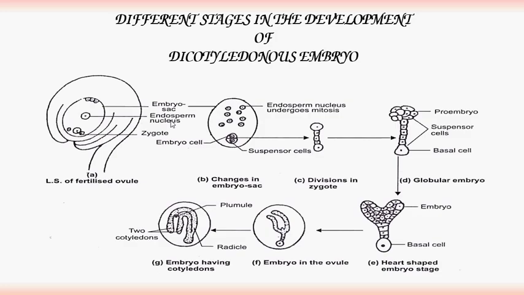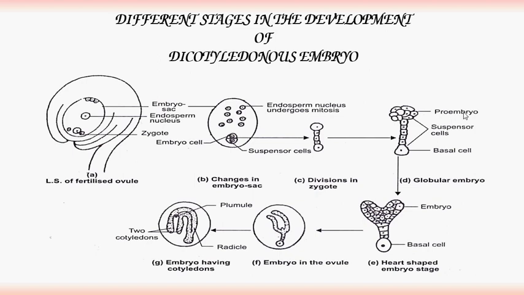So the different stages in the development of dicotyledonous embryo. Let's see that. The embryo is generally formed in the micropylar region. It undergoes the first mitotic division to form two cells. The cell which is present towards the micropylar region is the suspensor cell, and the cell present towards the chalaza is the embryo cell.